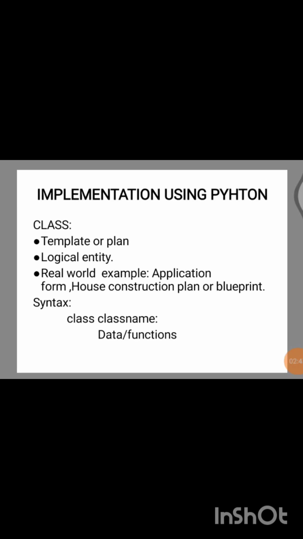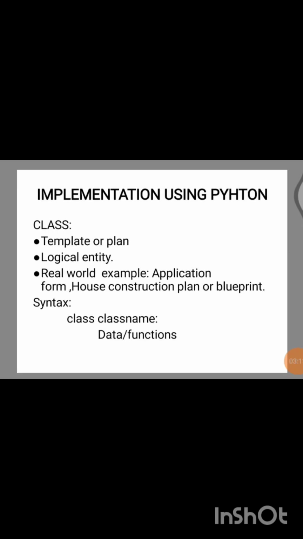So we first learn about what a class is. A class is nothing but a template or plan, and we can also call it a logical entity. A real world example is a house construction plan. If you want to construct a house, we will plan it using a blueprint.